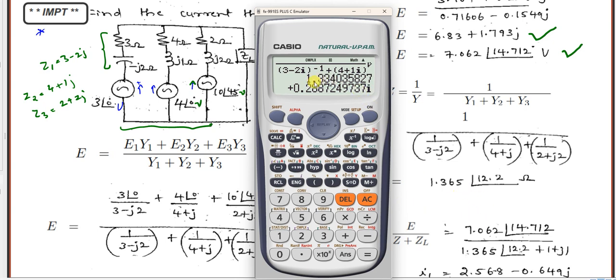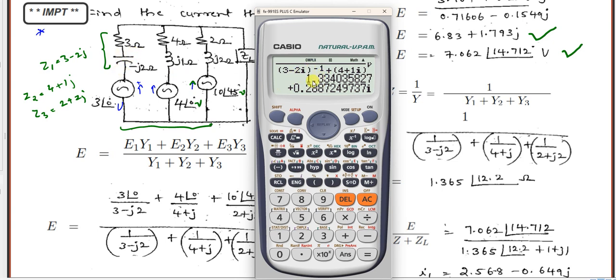This will give you 1.33 is the resistance value, and impedance plus is there now, 0.22 ohms. That is an inductor. Inductor reactance is 0.22. Suppose a negative is coming, then it is a capacitance.